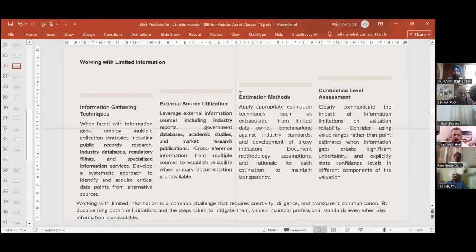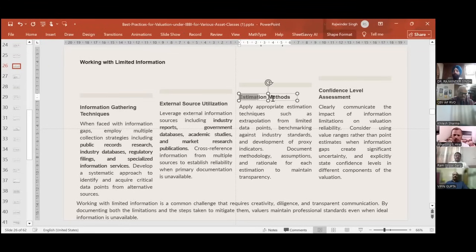So cross-reference of information from multiple sources is very important to establish reliability when primary documentation is not available. In such a scenario, the most important factor is which estimation method you use for arriving at a particular value. So apply appropriate estimation techniques such as extrapolation from limited data points, benchmarking against industry standards, and development of proxy indicators.